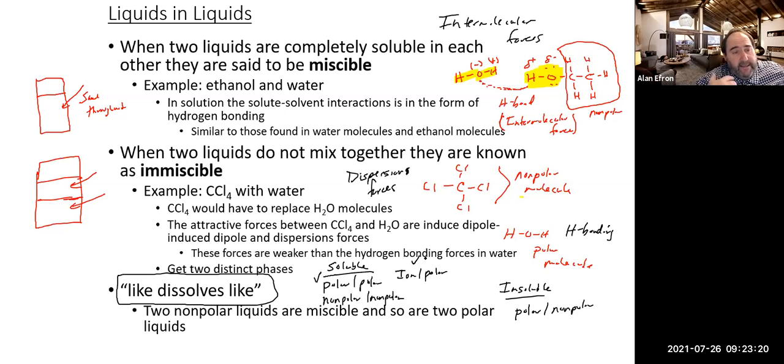But if you try to use water with something like carbon tetrachloride, it is not a good solvent because it doesn't work well with nonpolar things. So if you have something that's nonpolar, you need a nonpolar solvent if you want it to dissolve. Sometimes you do see something like carbon tetrachloride.